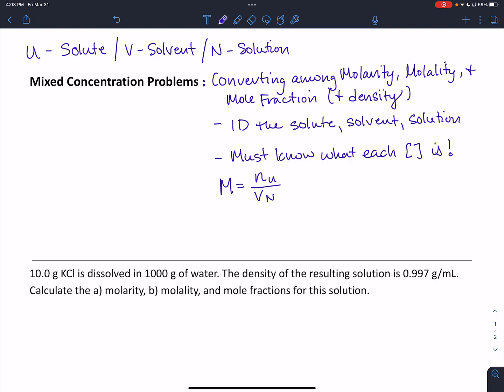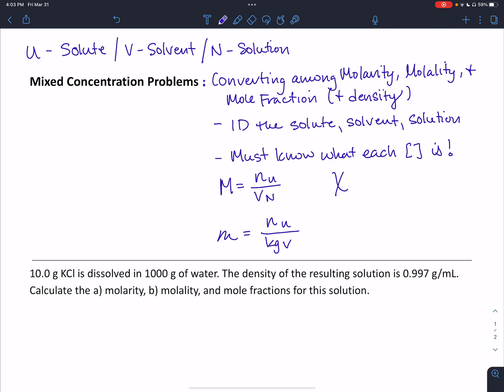We can't put volume of solvent when we calculate molarity. It's got to be of the solution. For molality, that should be moles of your solute divided this time by your kilograms of solvent. It's not kilograms of the whole solution, it's just the solvent.